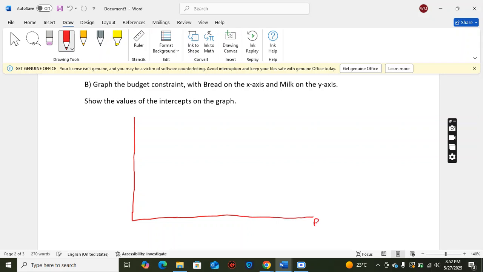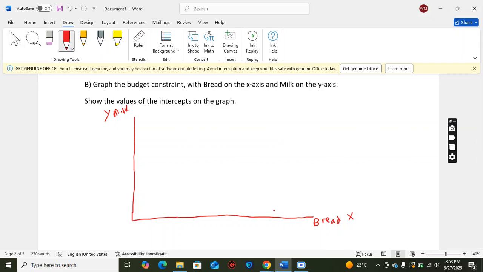So here we have bread, which is good x, and y, which is milk. Remember, we got those intercepts.